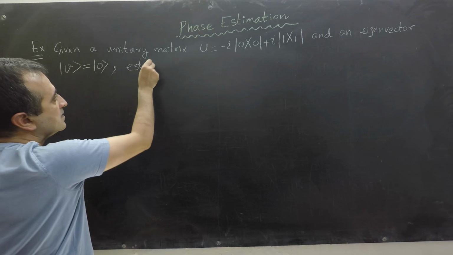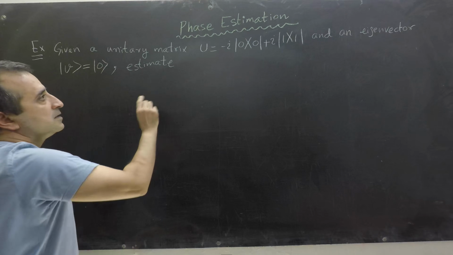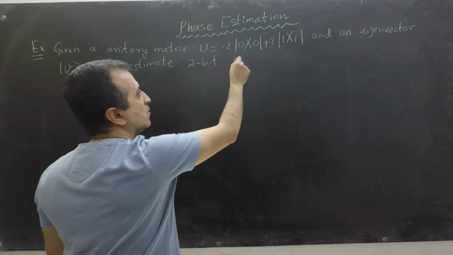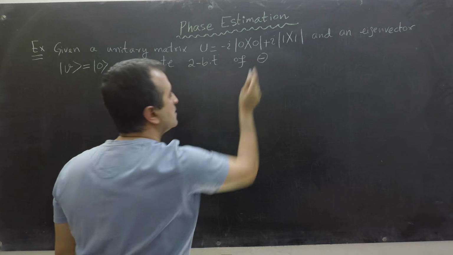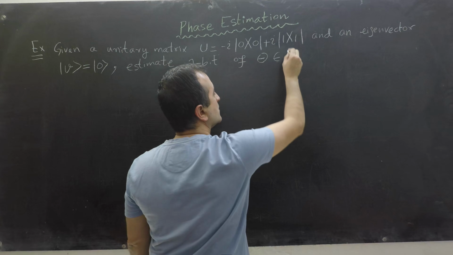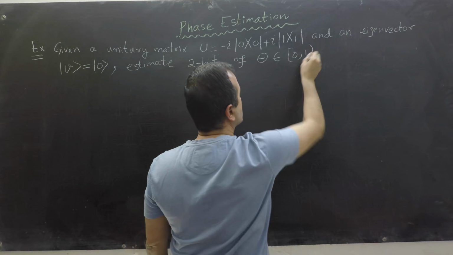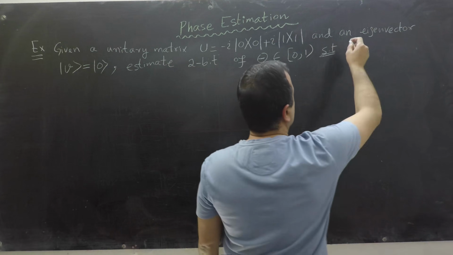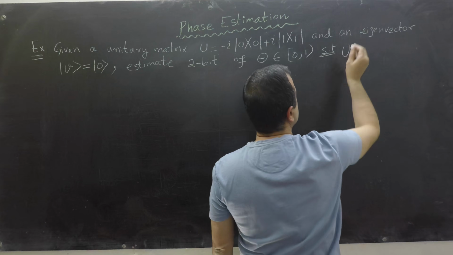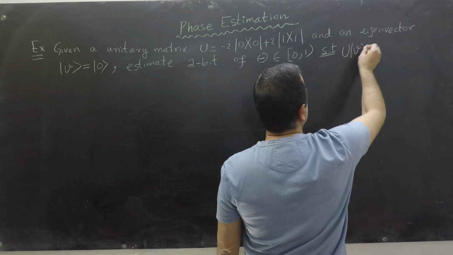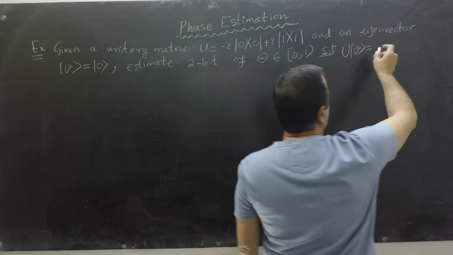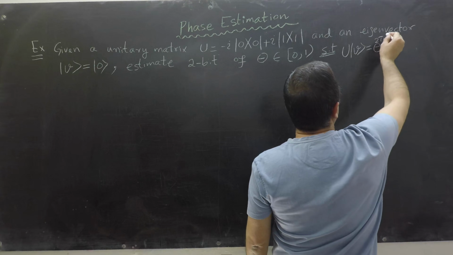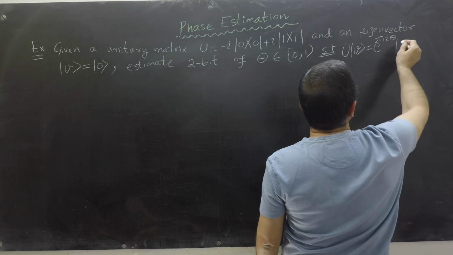estimate two bits of theta belongs to [0, 1] such that the unitary matrix times the eigenvector is equal to the eigenvalue, which is e raised to the power 2 pi i theta, times the eigenvector.